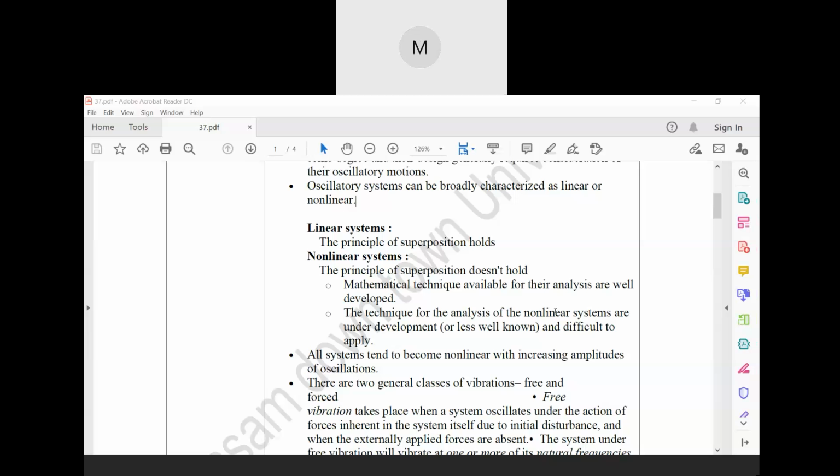Have you seen a pendulum? When you bring the pendulum to one side and then let it go, it eventually comes and goes, comes and goes, right? Yes sir. So that is called oscillatory. Understood? Good. Any doubt, anyone? Do you have anything else?